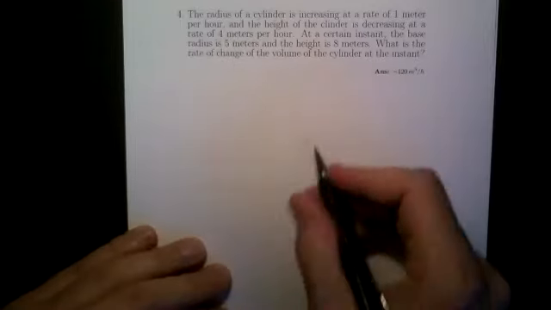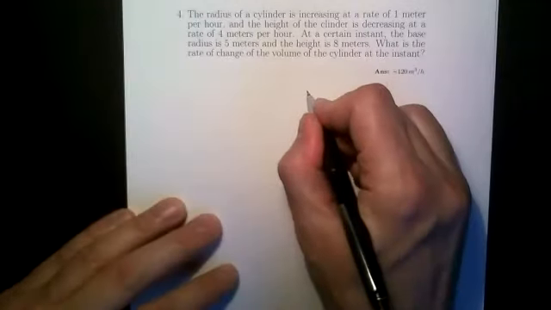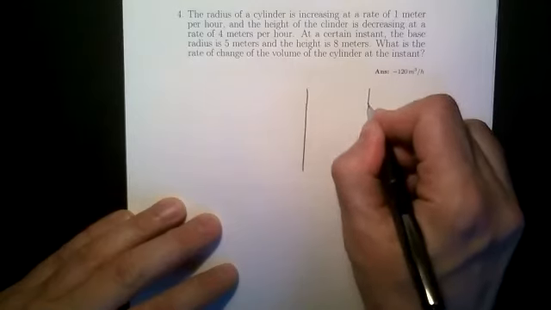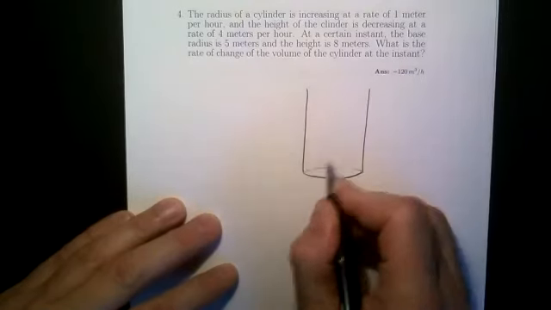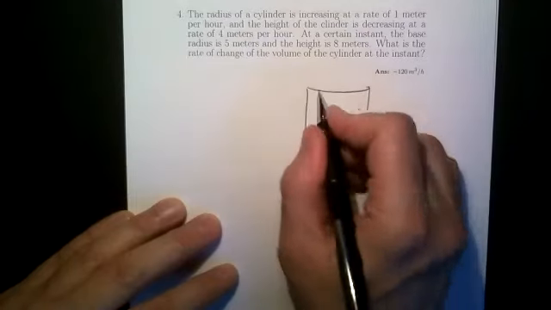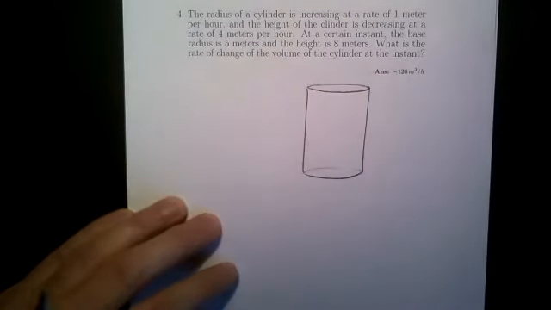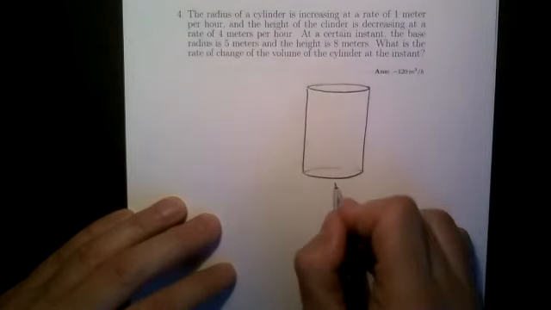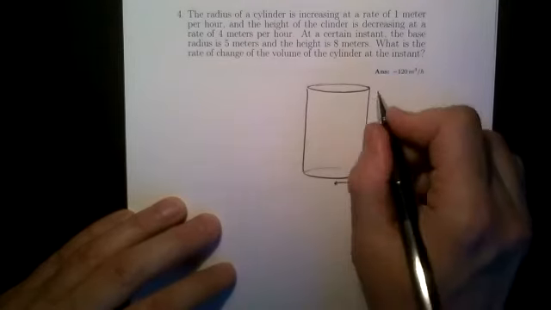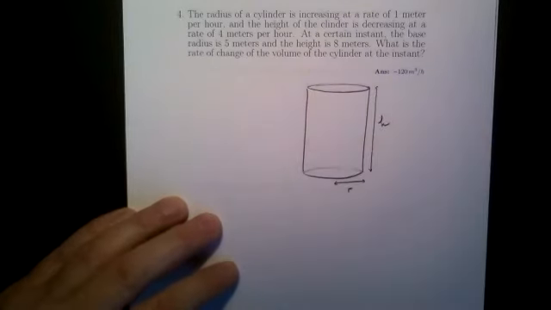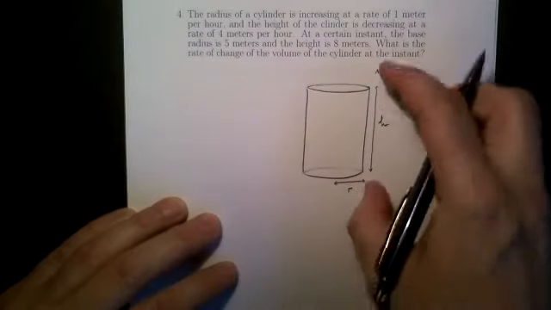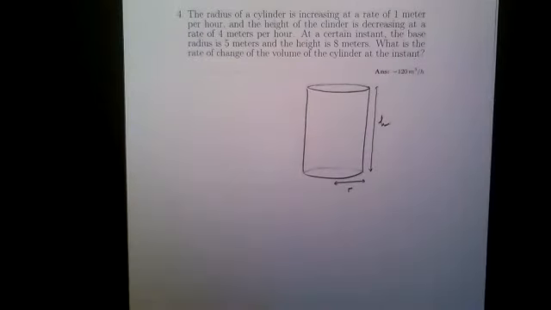We're talking about a cylinder here, so let me draw it. I have the radius r and the height h. Everything is moving here: the radius is moving, the height is moving.